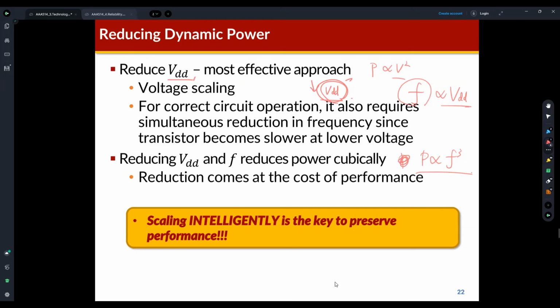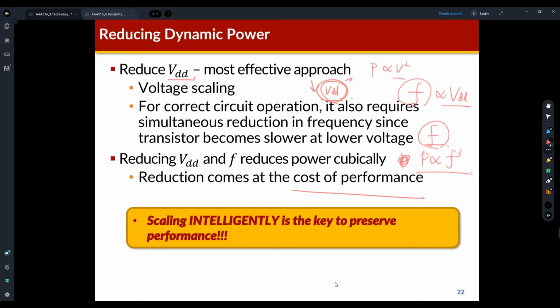If we can reduce the frequency also, then we can reduce the dynamic power consumption dramatically. But for reducing the supply voltage and then the clock frequency, we need to sacrifice the performance of the processor.